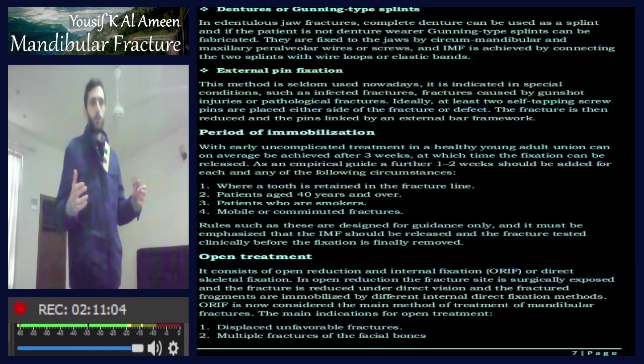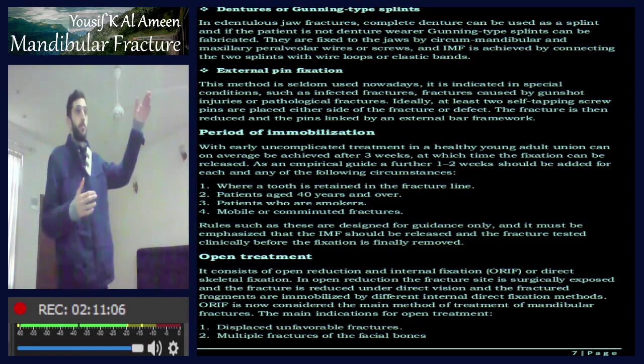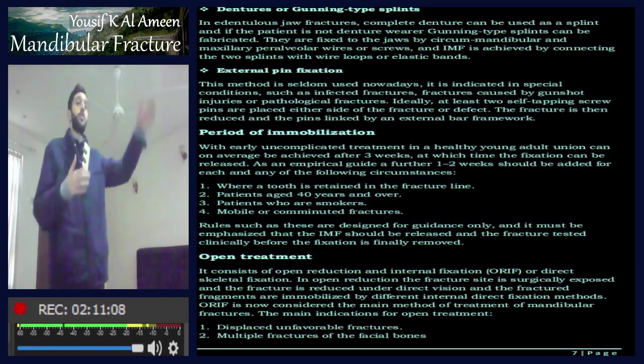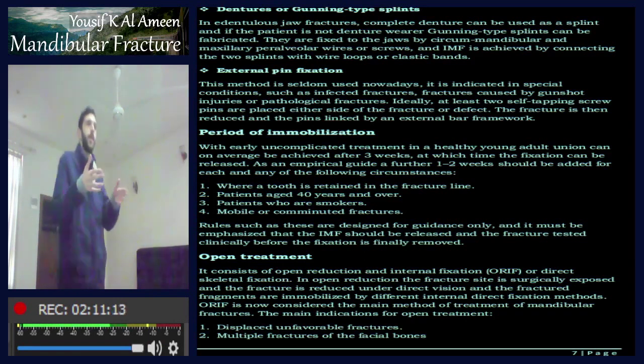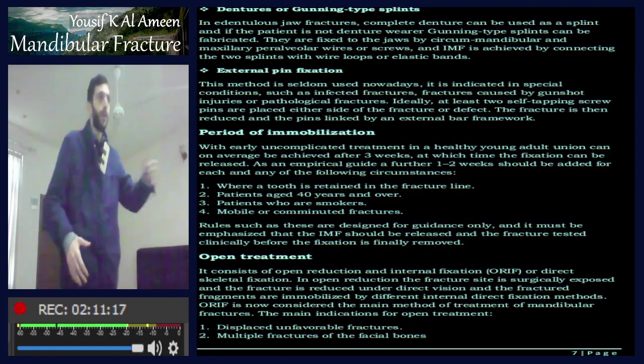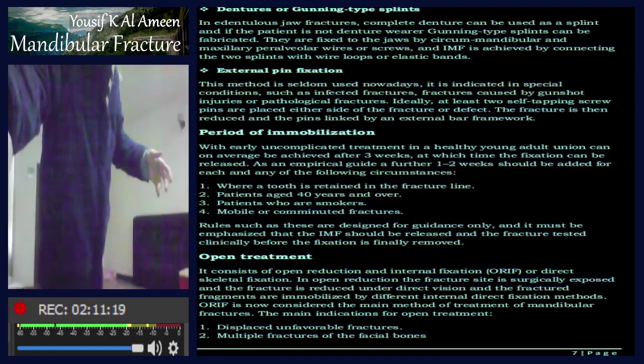Now we will talk about some other types of intermaxillary fixation. One type is called the denture or gunning type splint.